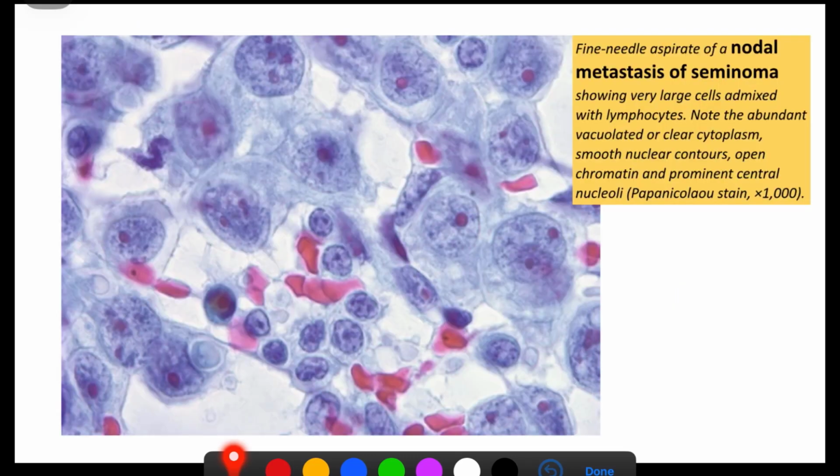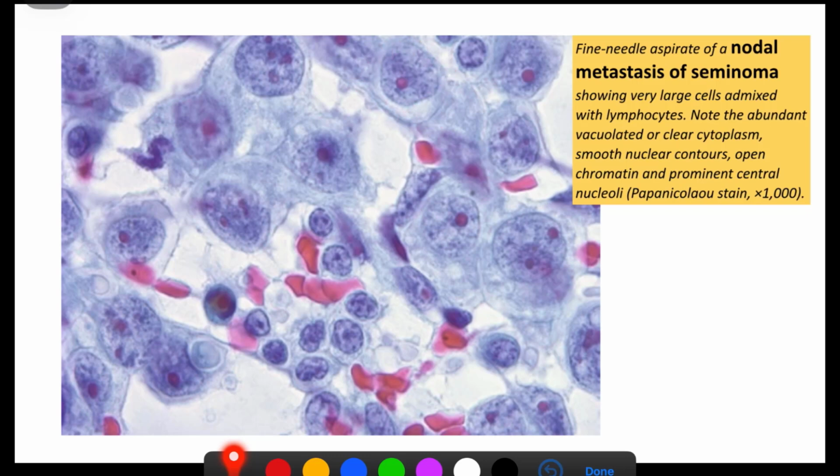So here this is the nodal metastasis from seminoma showing very large cells admixed with these lymphocytes. And these cells show smooth contour, open chromatin, prominent central nucleoli, this is the pap stain, and clear cytoplasm.